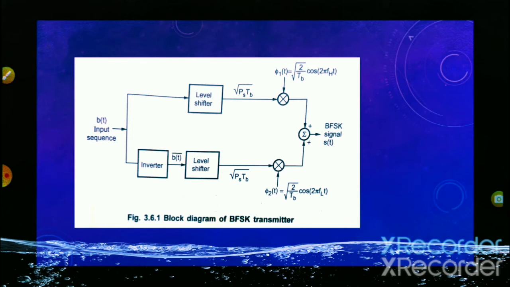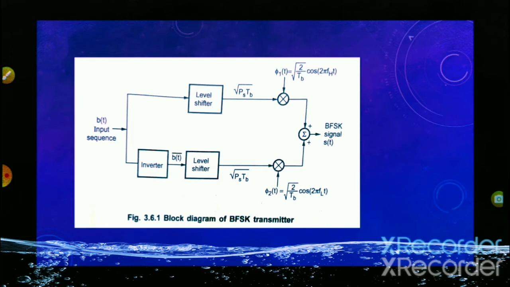The level shifter converts the plus 1 level to square root of PS TB, and the 0 level is unaffected. Thus the output of the level shifter will be either square root of PS TB if the input is plus 1, or 0 if the input is 0. Further, there are product modulators after the level shifter. The two carrier signals phi 1 of t and phi 2 of t are used.